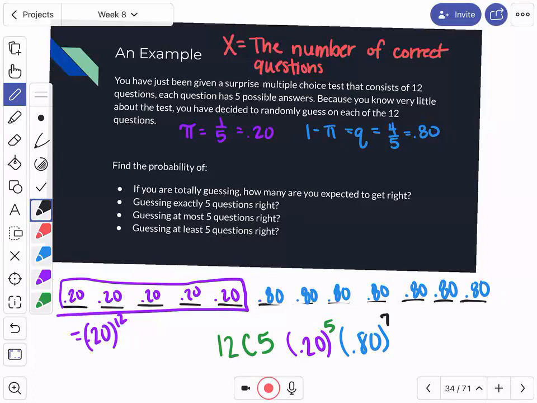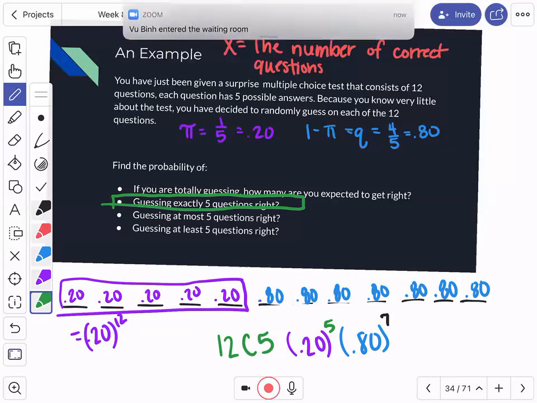And this will actually calculate this value right here, guessing exactly 5 questions right. And I'll show you that in a second. But this is the formula, and you've already developed it. I'm going to formalize it in a second, but this is the formula to get that answer. All right.